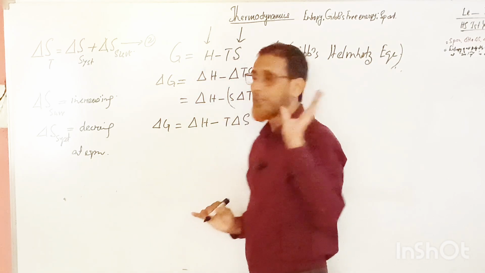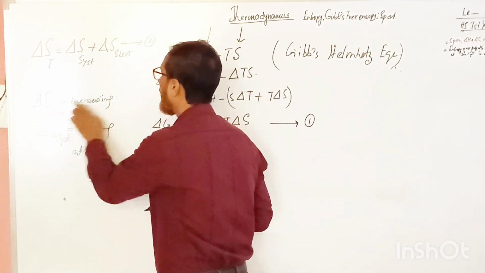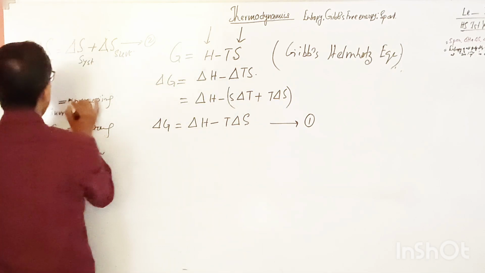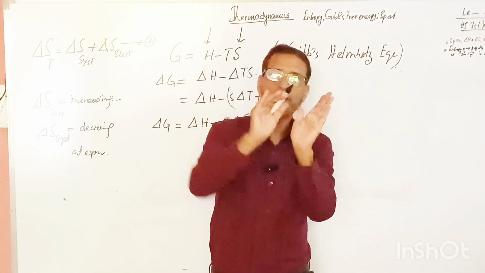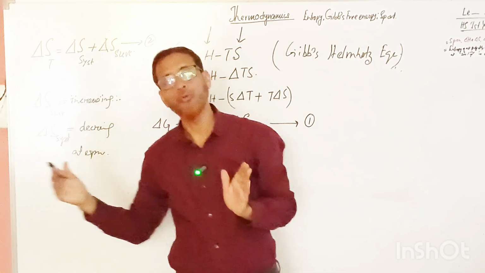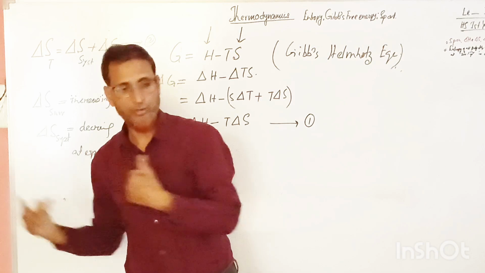If we assume the entropy of the surrounding is increasing, this is the system, and outside of this system, everything is surrounding. If the entropy of the surrounding is increasing, it is at the cost of the system.